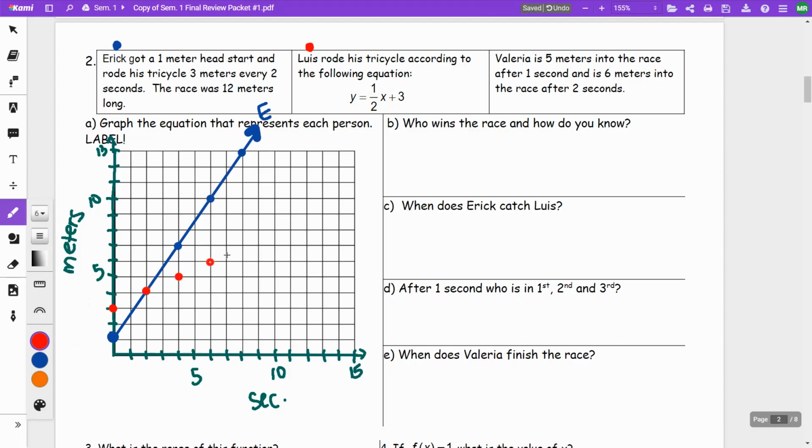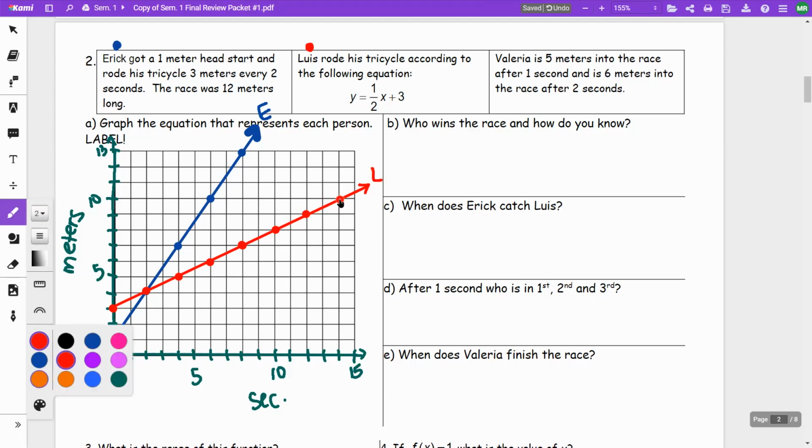And I'm going to keep doing that. And I'm going to connect this with a line. And this one is Luis.